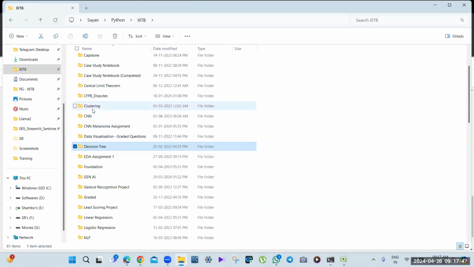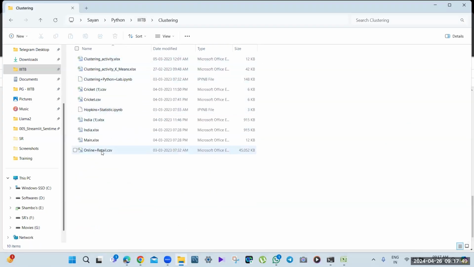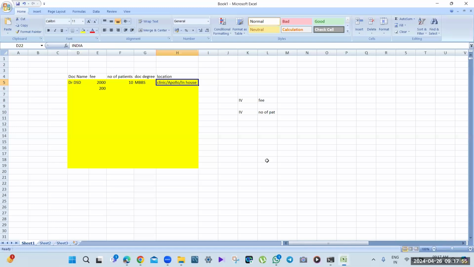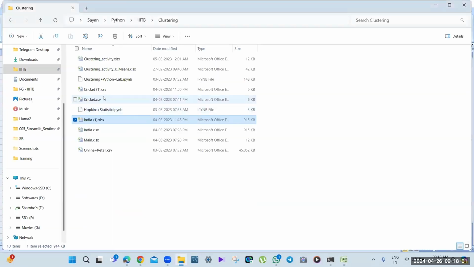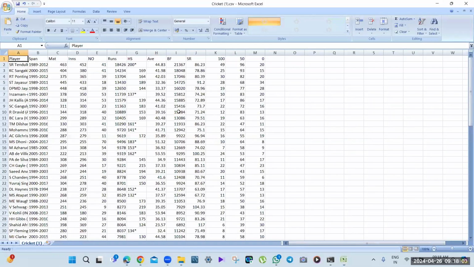Let me open some data here. Let's see what this has. Right, so this could be a good example of unsupervised machine learning.